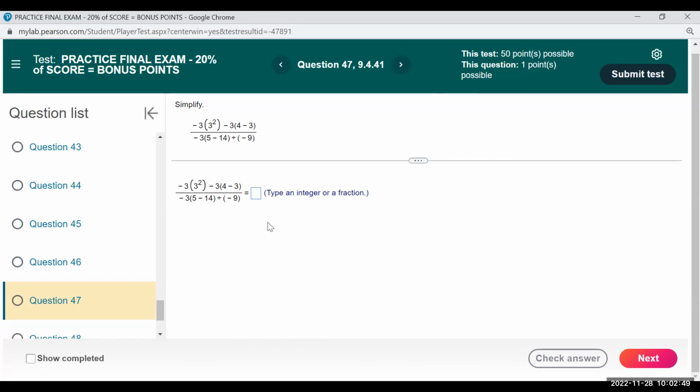Negative 3. 5 minus 14. Is that a division right here? It's a divided by negative 9.